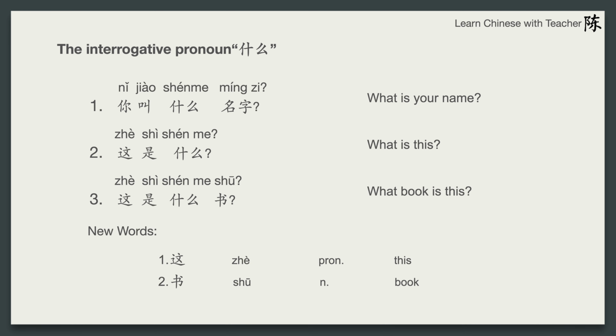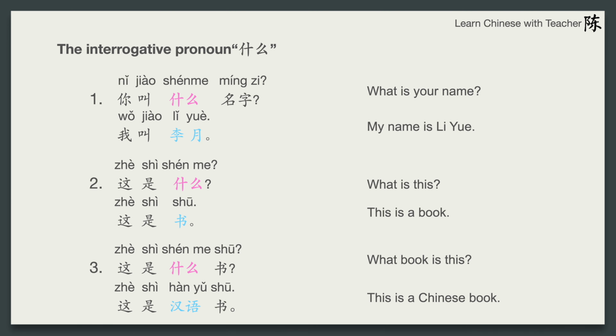You've definitely noticed that the word order of asking a question with what in Chinese is different compared with English. Let's first look at the answers to these questions in Chinese. The first one, 你叫什么名字? You are called what name? 我叫李月.